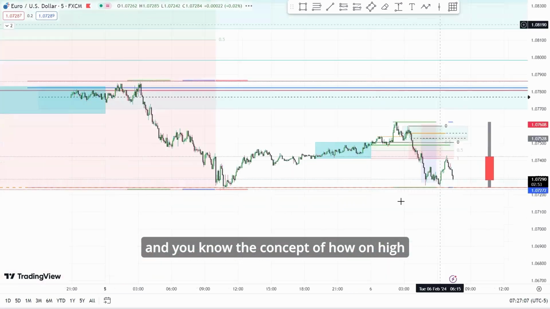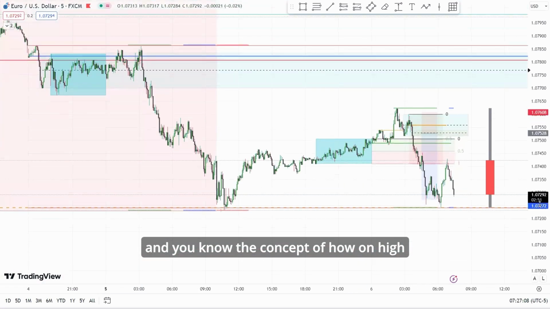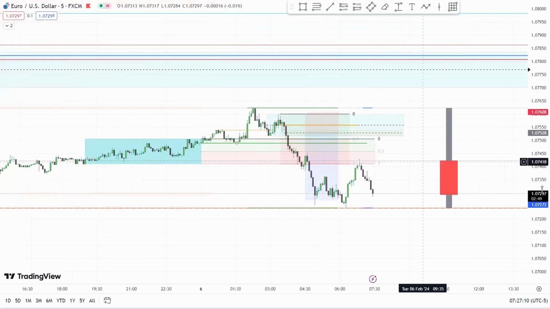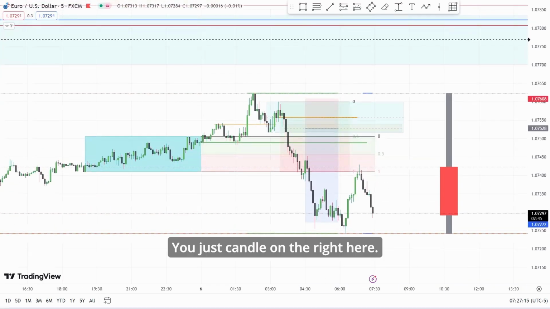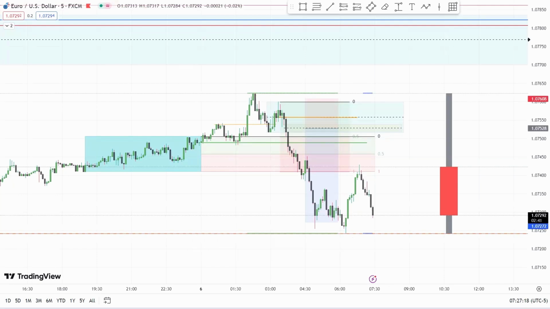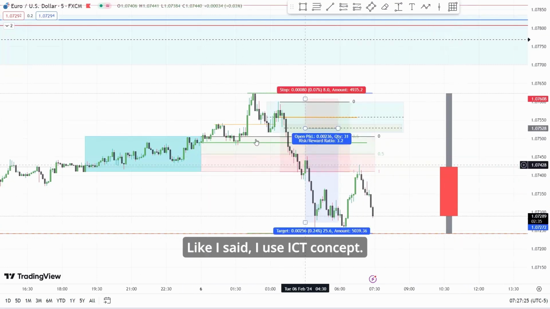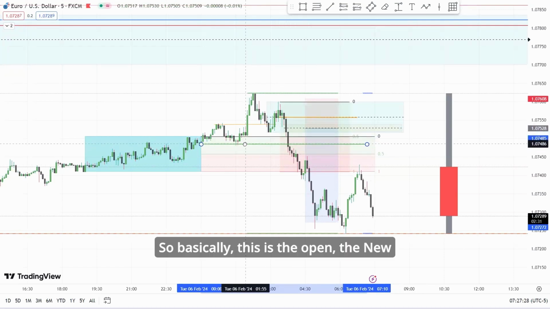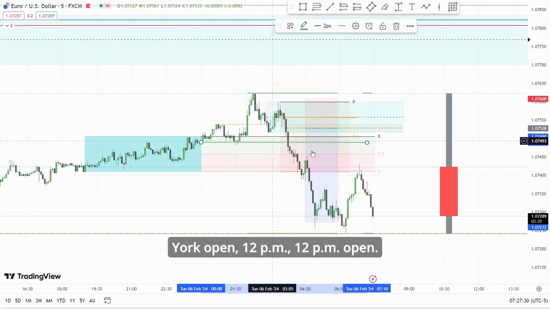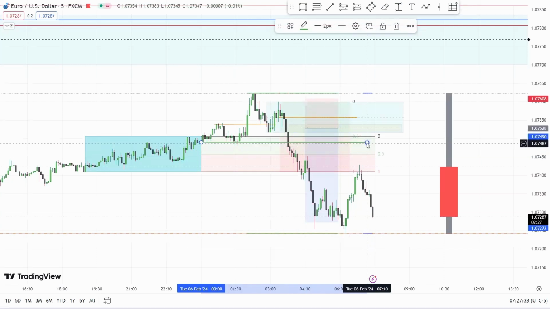You know the concept of how high, low, close works, yeah? On a daily candle. So basically, this candle on the right here. This is a daily candle, is it? Yes. Yeah, this is the daily candle here. And then like I said, I use ICT concepts. So basically, this is the New York open, 12 a.m. open, right?